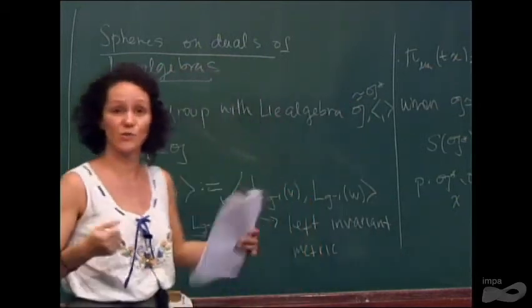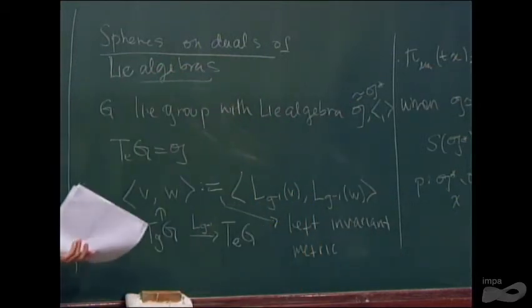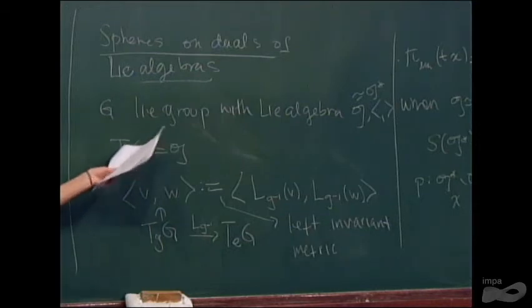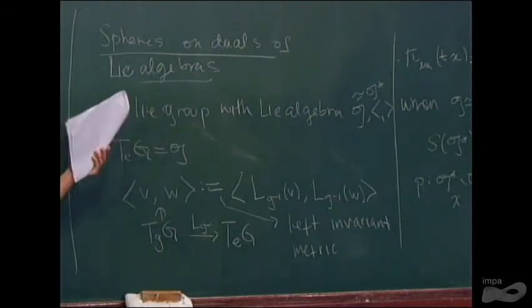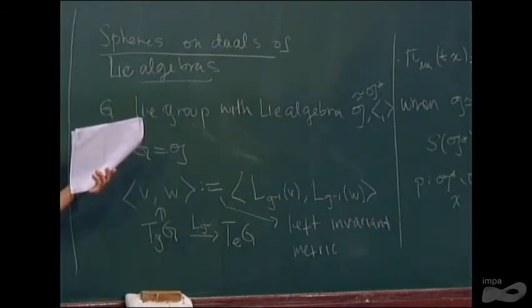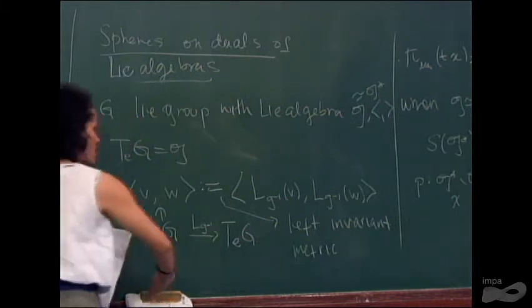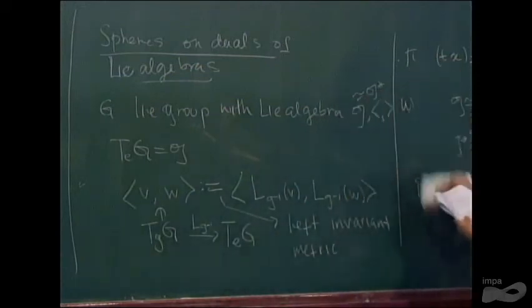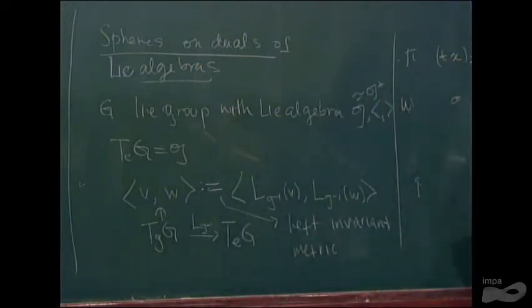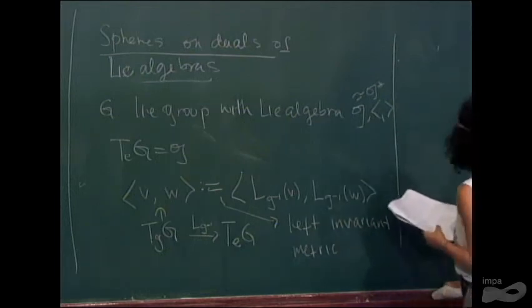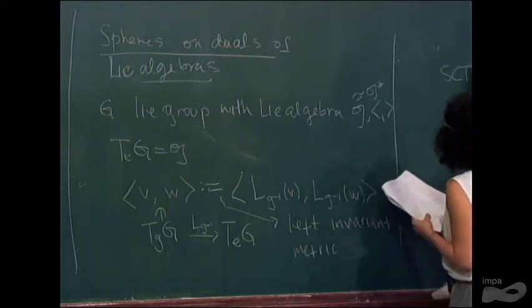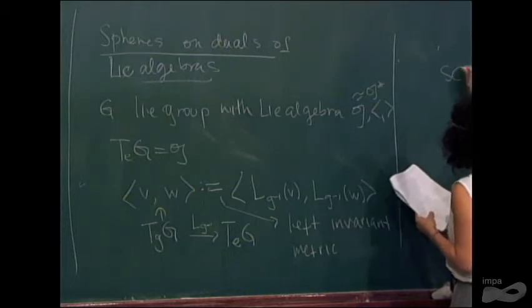Okay, so as soon as I have a metric on the tangent or the cotangent space of G, I can talk about the sphere on this space, on the cotangent space of the Lie group. Okay, so now I have this sphere on T star of G.